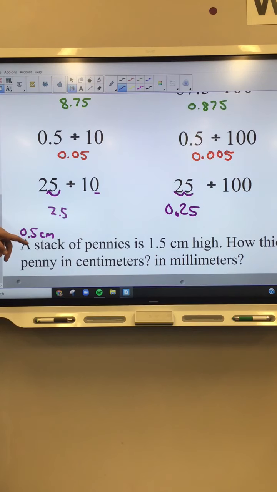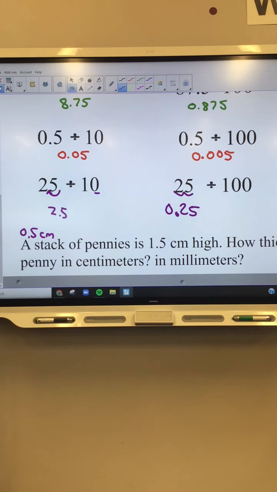But couldn't I change that to millimeters? How many millimeters is that? Yeah. 5. Yeah, there's 10 millimeters in a centimeter.